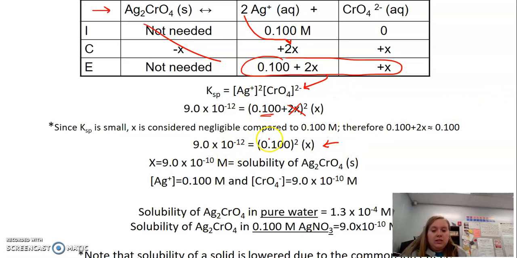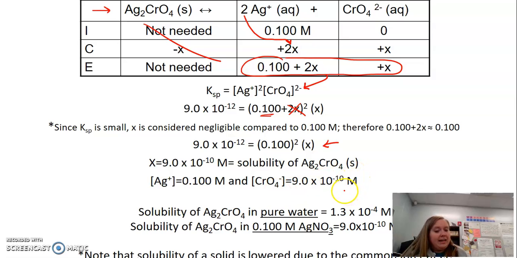And so we then do some algebra and solve for x. So the value of x is 9 times 10 to the -10th. And so we can then figure out your equilibrium concentrations of both silver, which again we're assuming to be about 0.1, and then the concentration of the chromate ion.